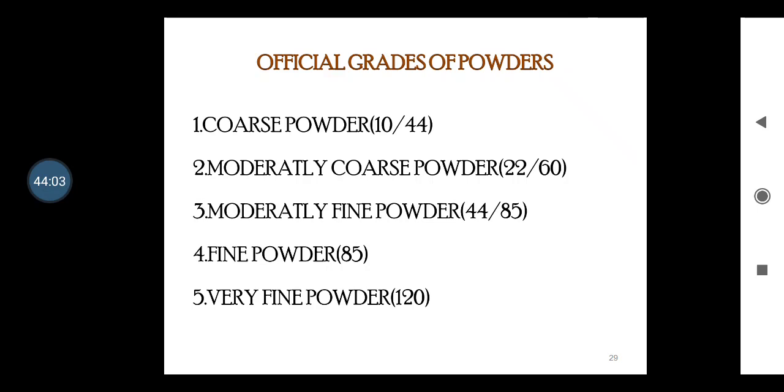When we talk about coarse powder, it is a powder all particles of which pass through a sieve with nominal mesh aperture of 1.70 mm, that is sieve number 10, and not more than 40 percent through a sieve with nominal aperture size of 355 micrometer, or sieve number 44.